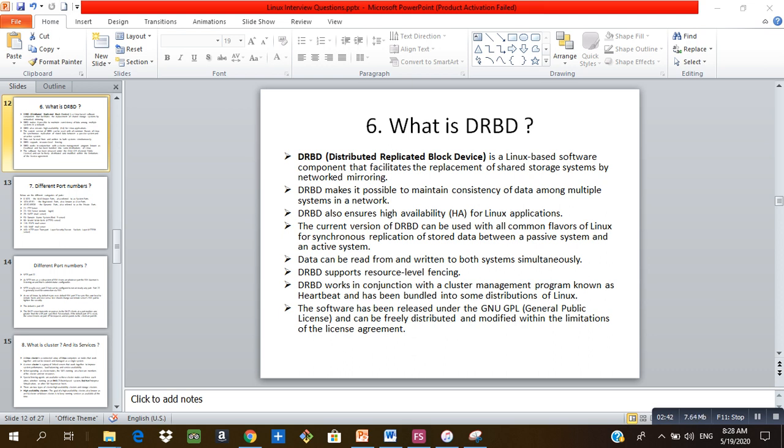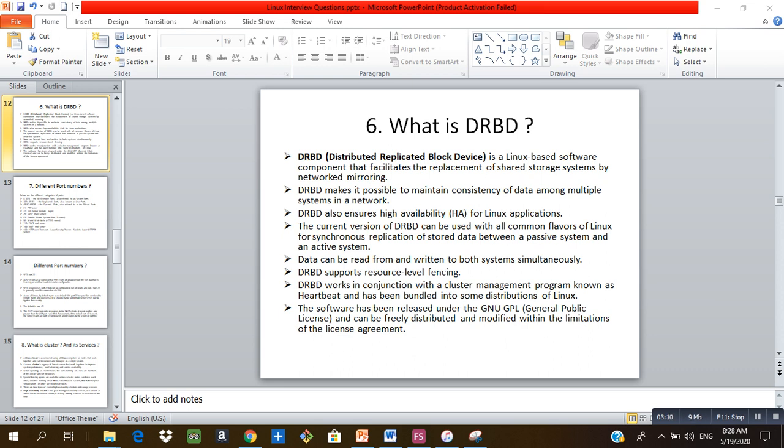So as I said, DRBD works with a cluster management program called Heartbeat and has been bundled into some distributions of Linux. The software has been released under the GNU GPL. These are some additional information. If you give this information in front of the interviewer, this will give a very good impression on the interviewer.